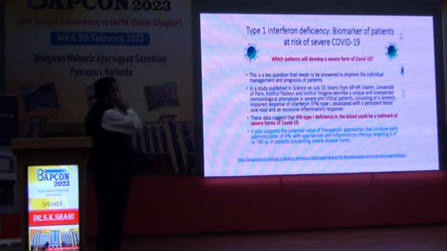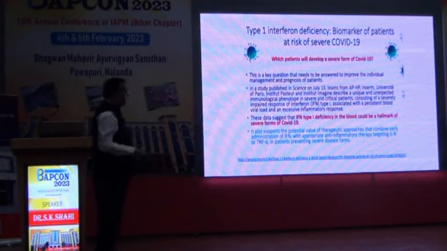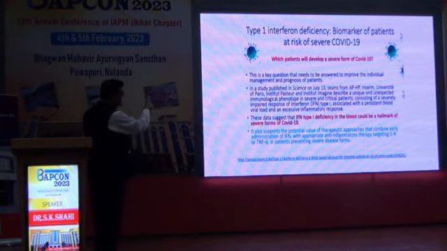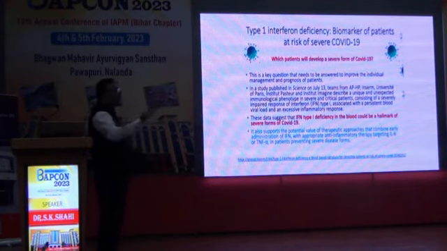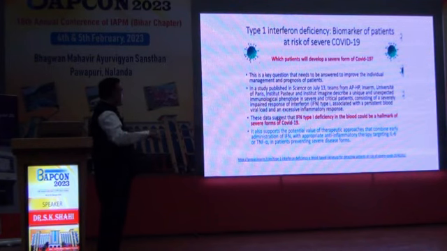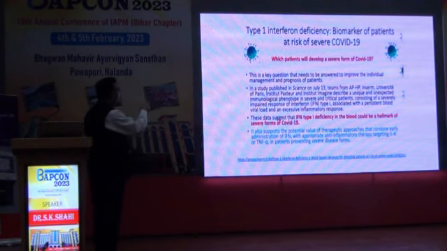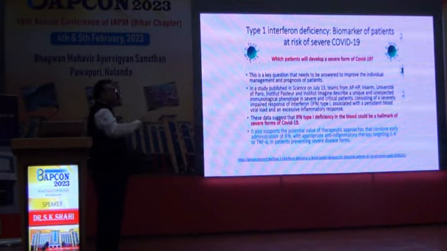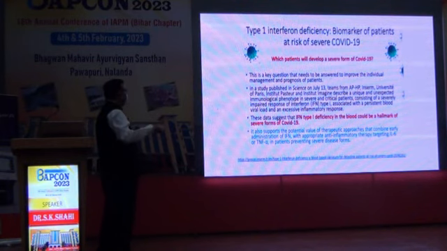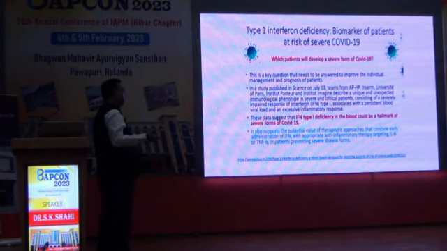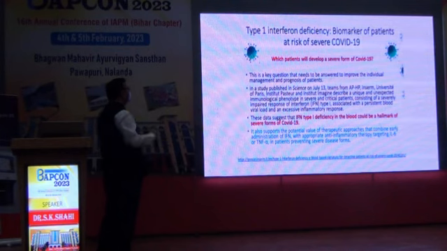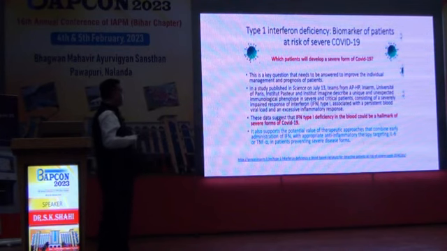One is interferon deficiency, the biomarkers of the patient at risk of severe COVID. This is a key question which has been asked at the student level or the PG level, and it should be answered to improve individual management and prognosis of the patient.